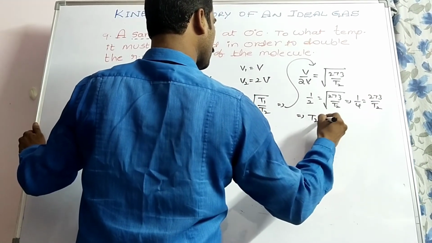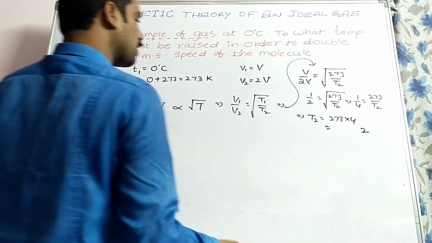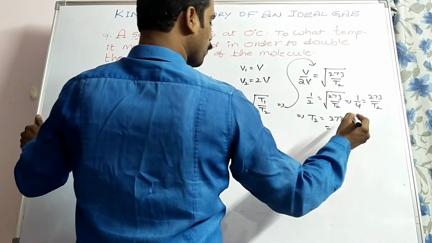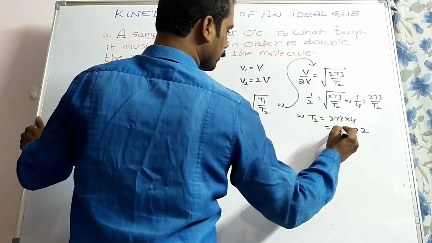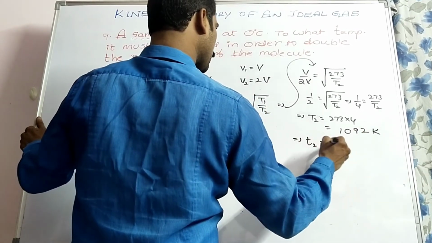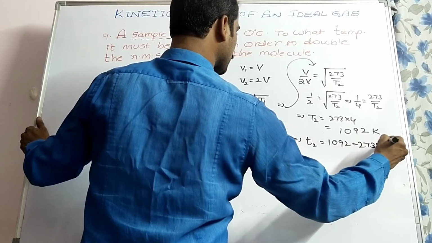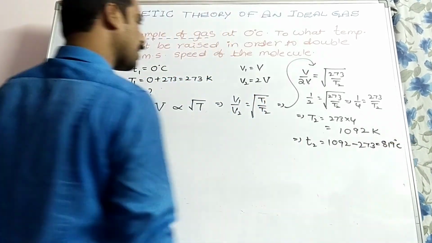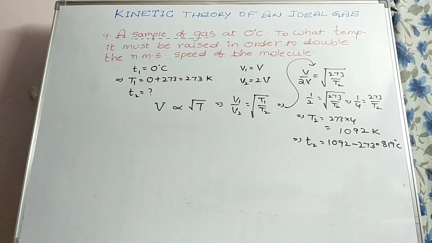That implies T2 is equal to 273 into 4. 4 3s are 12, 4 7s are 28, 4 2s are 8, that is 1092 Kelvin. That implies T2 is equal to 1092 minus 273, that is equal to 819 degrees Celsius.